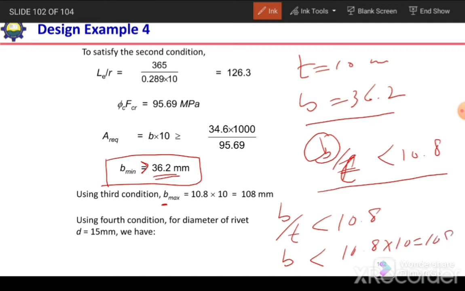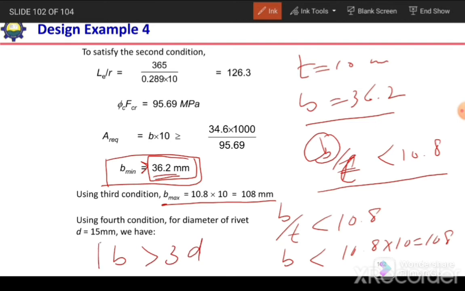So it is 108. So B should be less than 108, but it should be greater than 36.2. So this is from the third criteria. Next, the fourth criteria, that B should be greater than 3D.